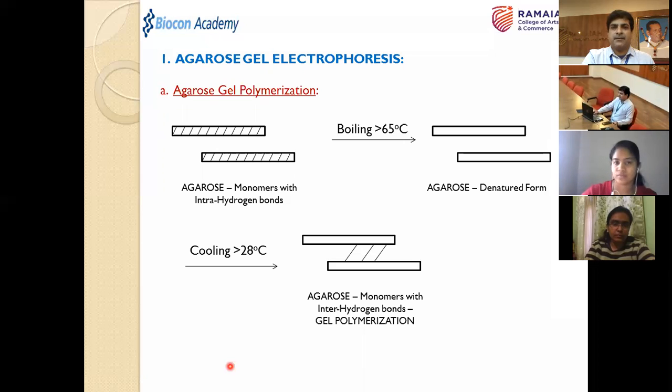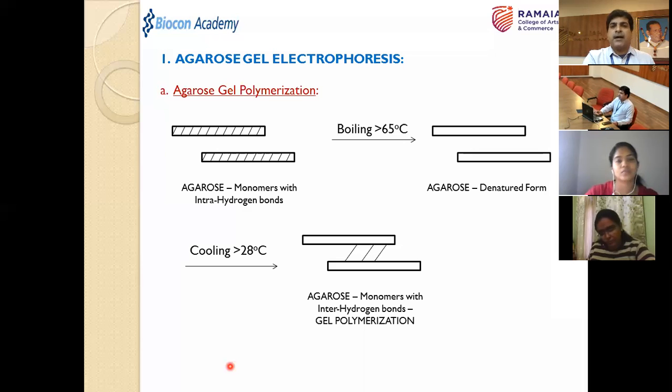If anybody has questions or doubts, please discuss with me now. I said that zone electrophoresis is one type of second generation technique where solid supports are used for separating these molecules. So agarose is the old standard method used to separate DNA. You are also going to appreciate why it is specifically for DNA.